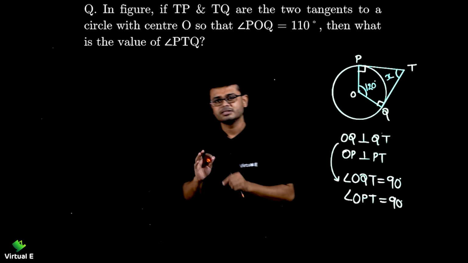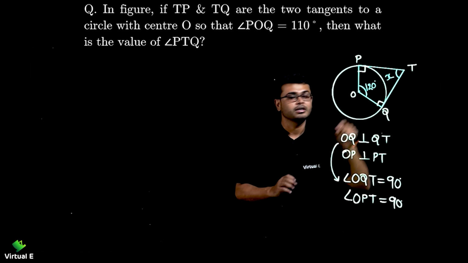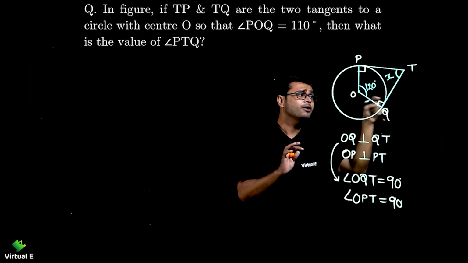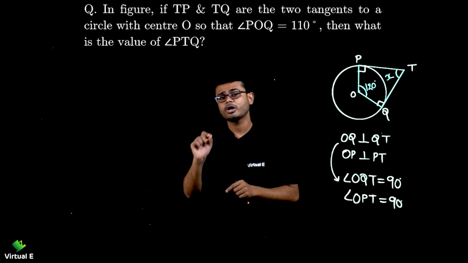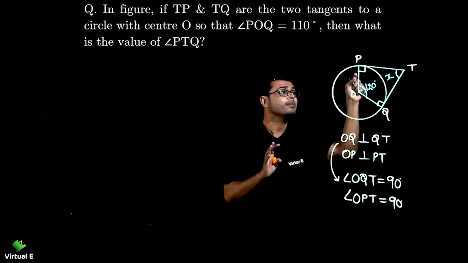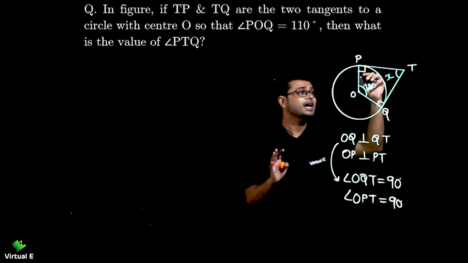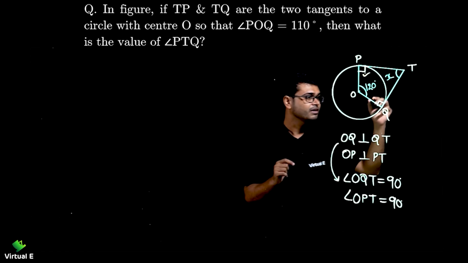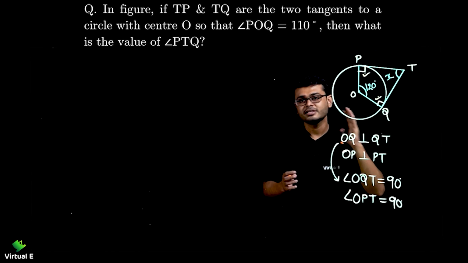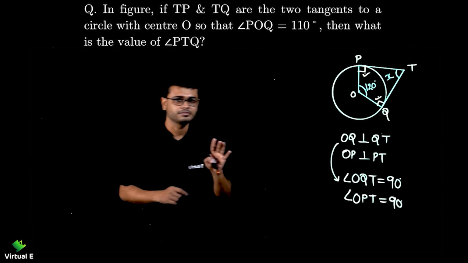Now if you see, this is quadrilateral POQT. Quadrilateral means what? A four-sided shape, right? And if I add all angles of a quadrilateral, what do I get always? 360 degrees, right? So I'm going to add these four angles simply, and you can see over here that I have the value of this angle 90 degrees, the value of this angle 90 degrees, this 120 is also there, and the fourth angle is missing. Out of 4, 3 are given, so it is simple to find only one, right?